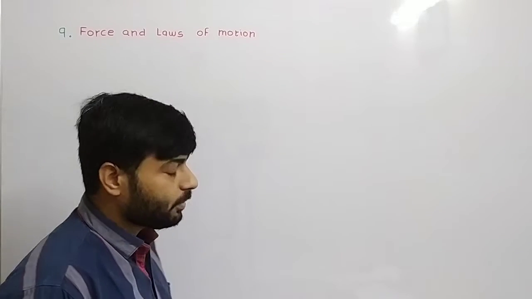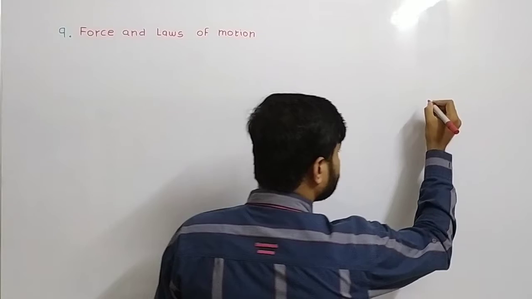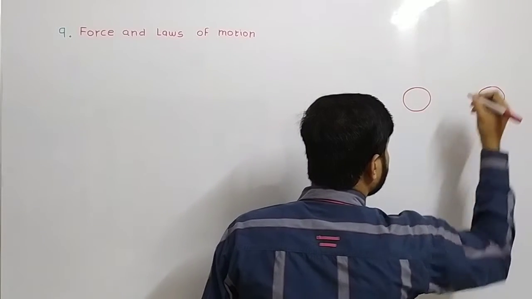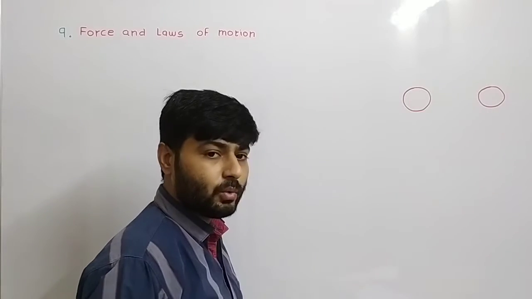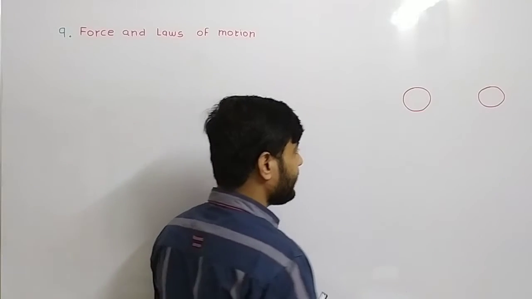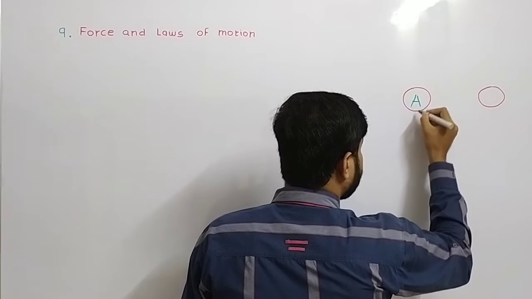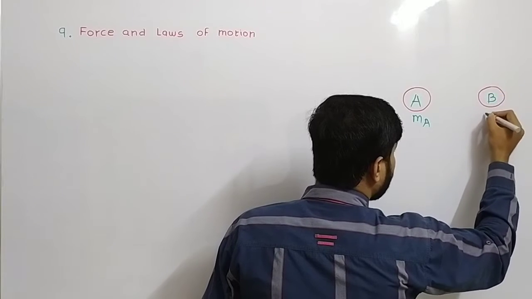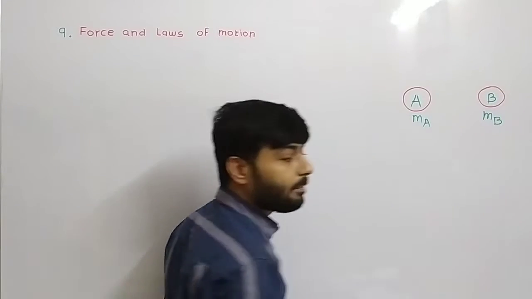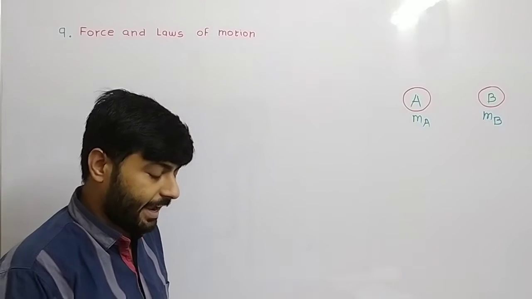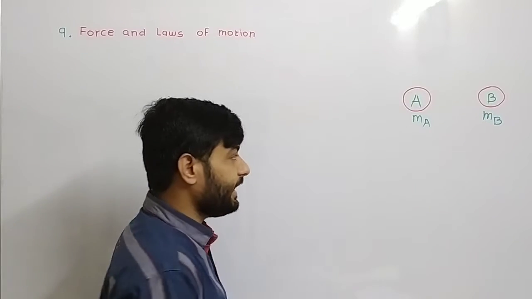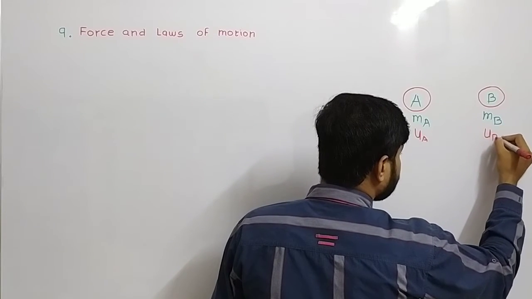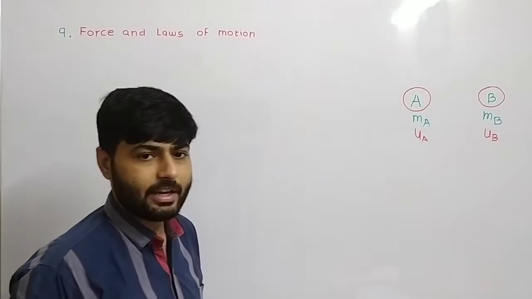I said we have two balls, that is ball A and ball B. A ball has mass ma, and B ball has mass mb, and it has initial velocity as ua, it has initial velocity as ub.